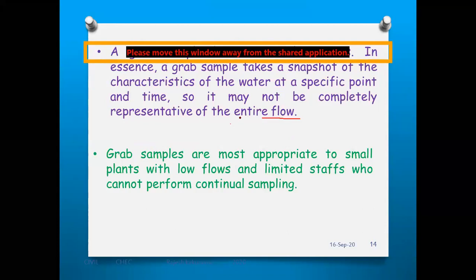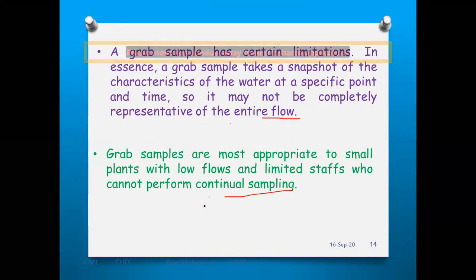Next, grab samples are the most appropriate for small plants with low flows and limited staff who cannot perform continuous sampling. So when we cannot do continuous sampling techniques, we can use the grab sampling method, which is more economical and appropriate for small types of plants.